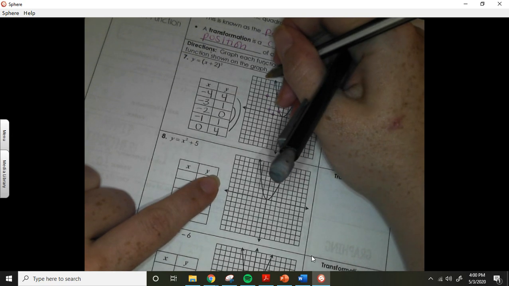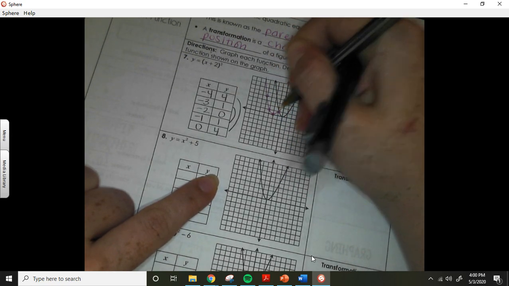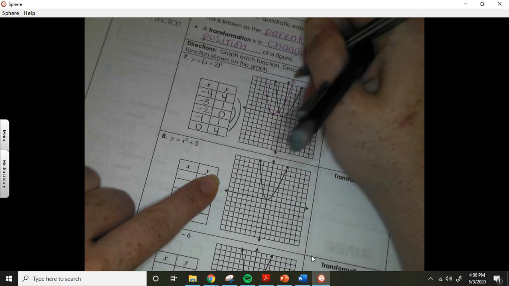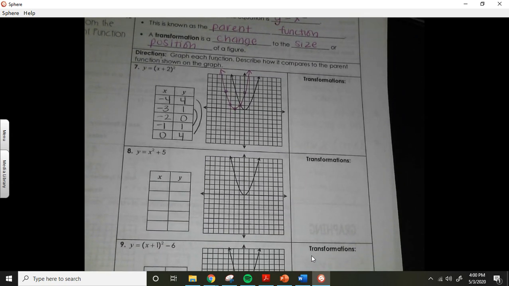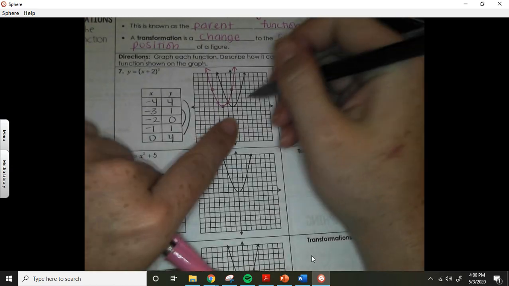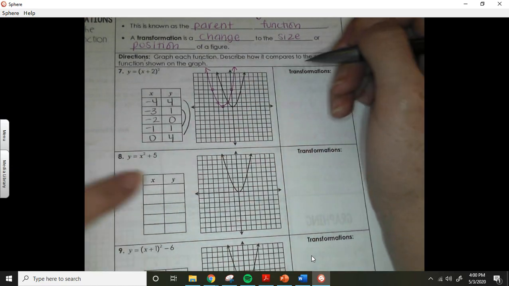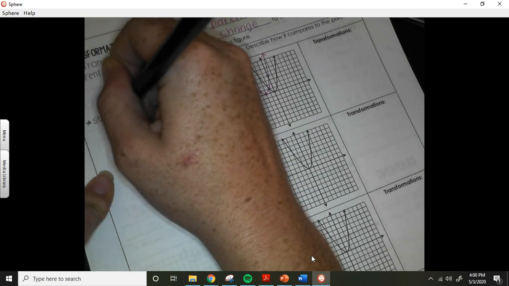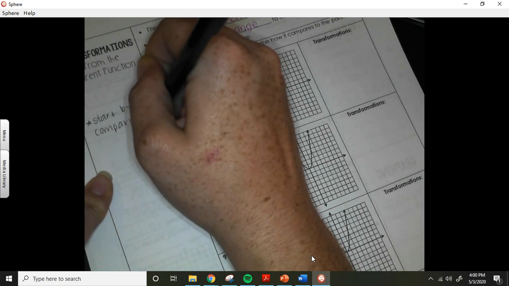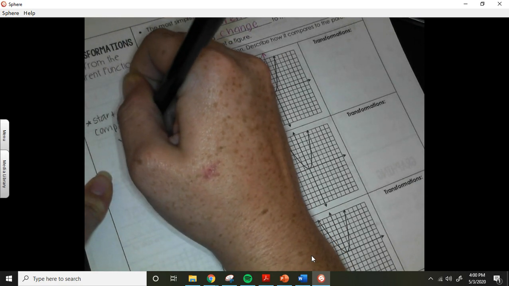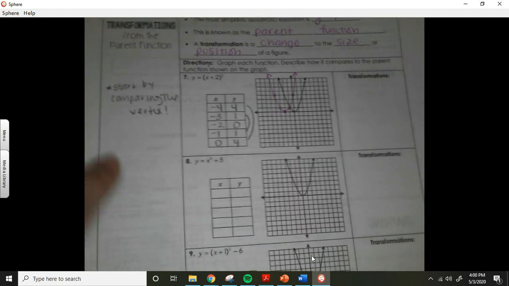Okay, so here's our graph. And let's compare how it changed from our parent function. Always want to start by comparing the vertex.